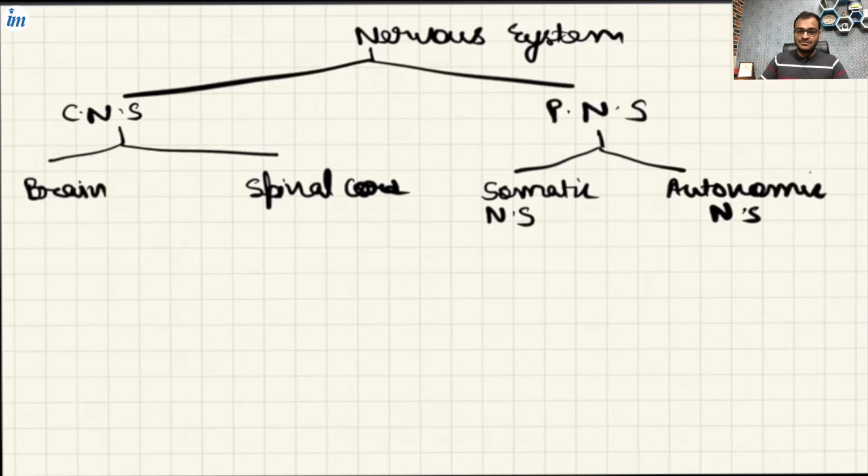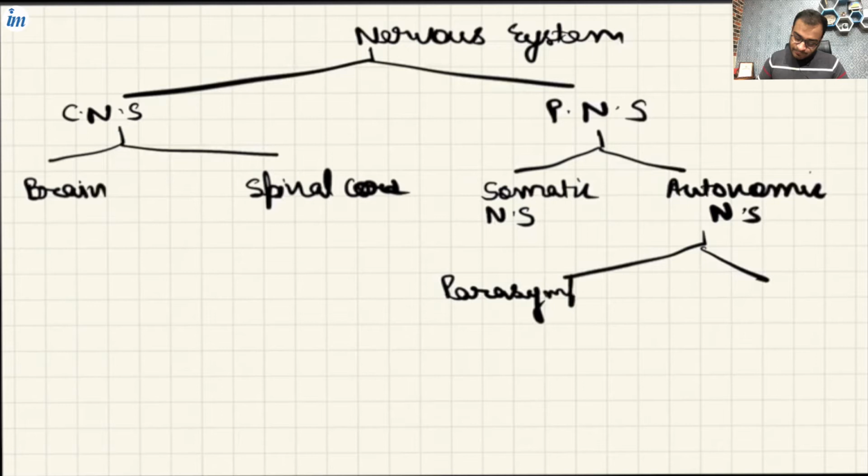From the previous concepts in class 11 and 12, we know the autonomic is parasympathetic and sympathetic nervous system. We will study the functions in physiology, but here we need to know about the anatomy.